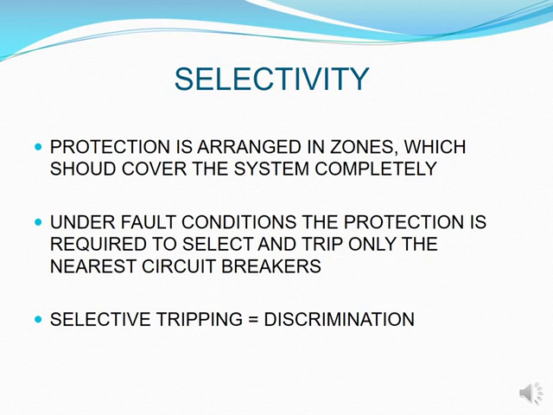So we also said we wanted selectivity. When we talk about protection, we usually arrange it in zones. Zones simply mean that if you have a network that is feeding 100 customers, then you zone your network so that maybe you're looking at bunches of 10 customers each, and the rest has its own zone.